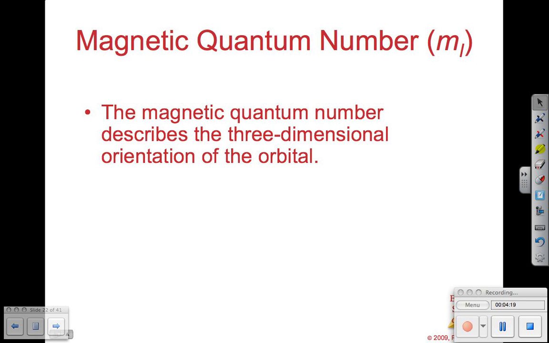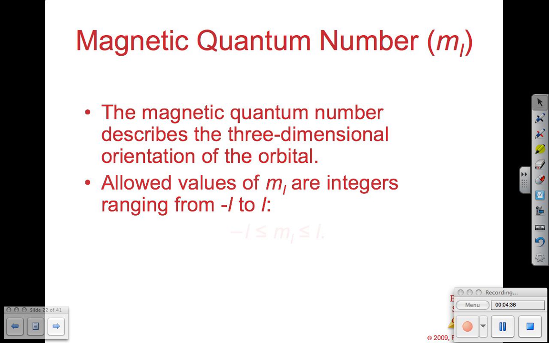Next, we have our magnetic quantum number, or m sub l. The magnetic quantum number describes the three-dimensional orientation of the orbital. When you think of the p orbitals, we have p orbitals going along the x, y, and z axes. The allowed values of m sub l are integers ranging from negative l to l.